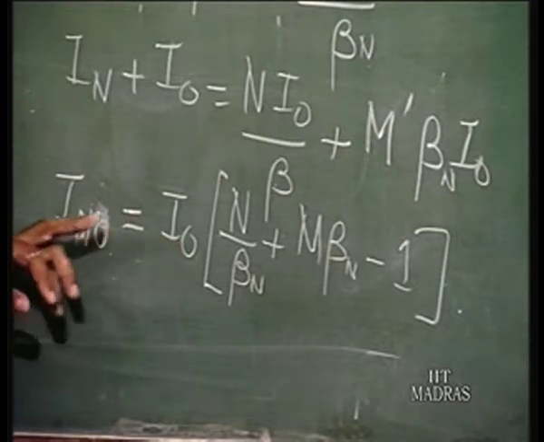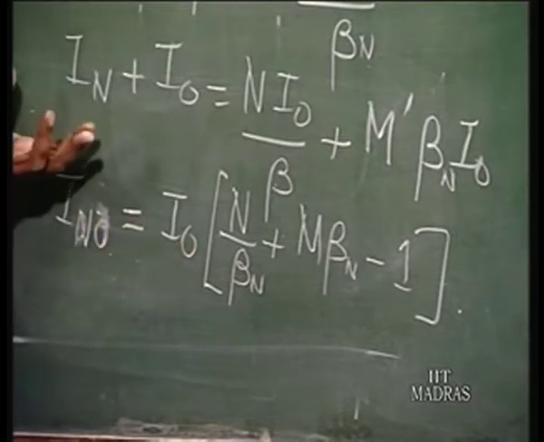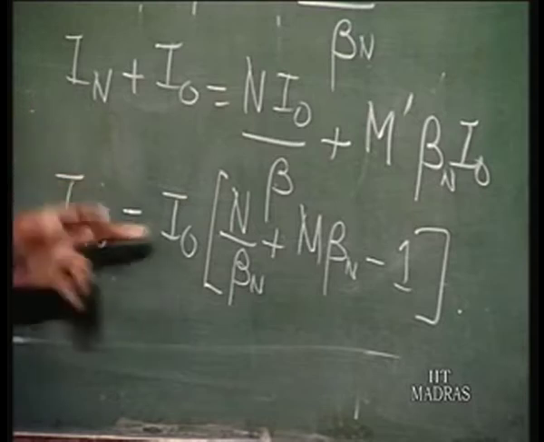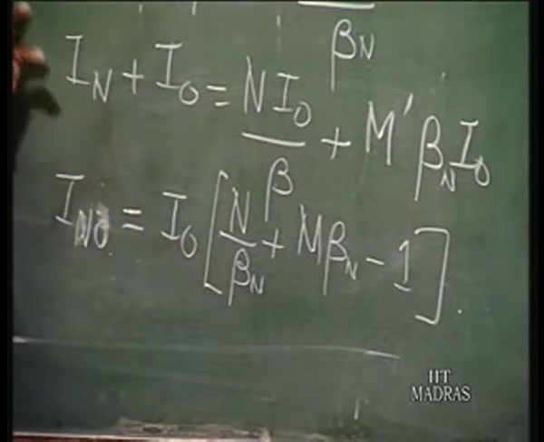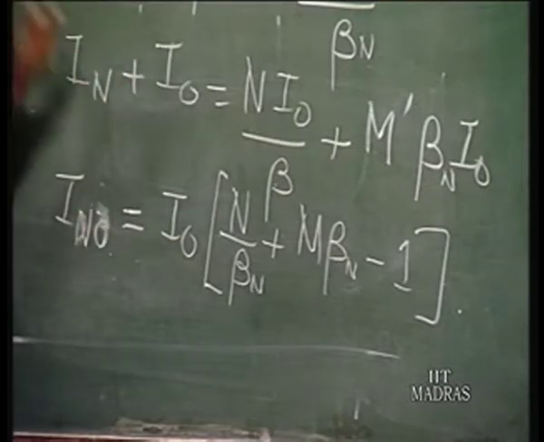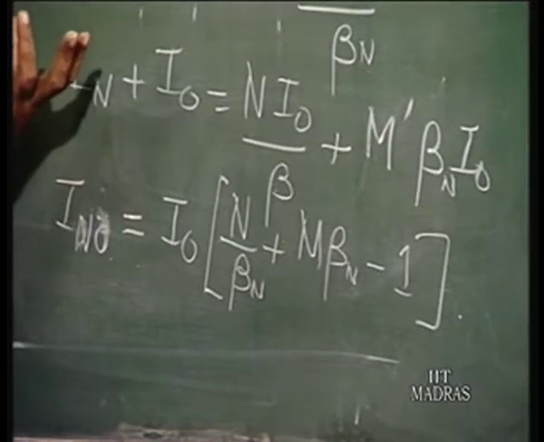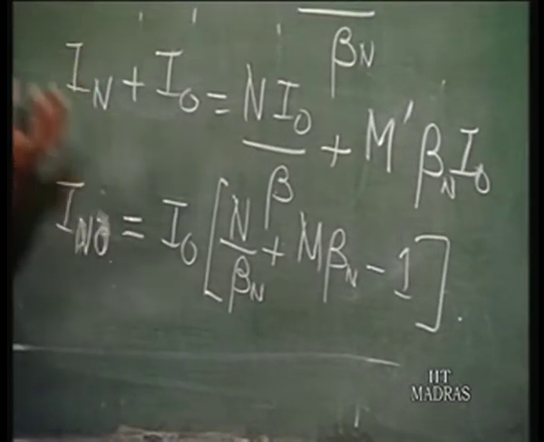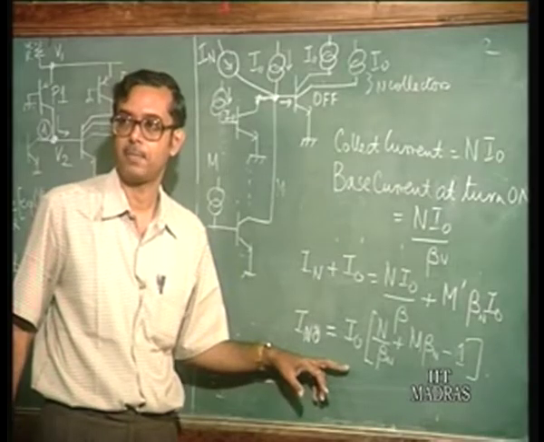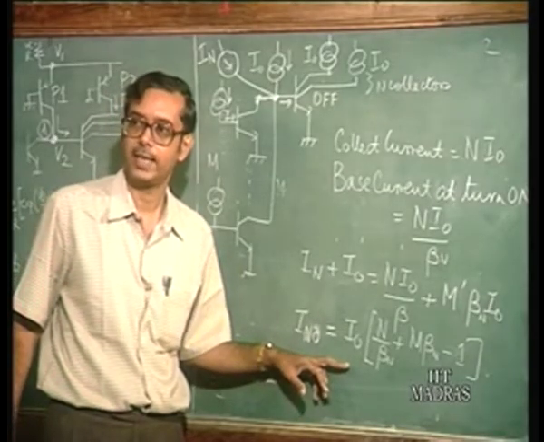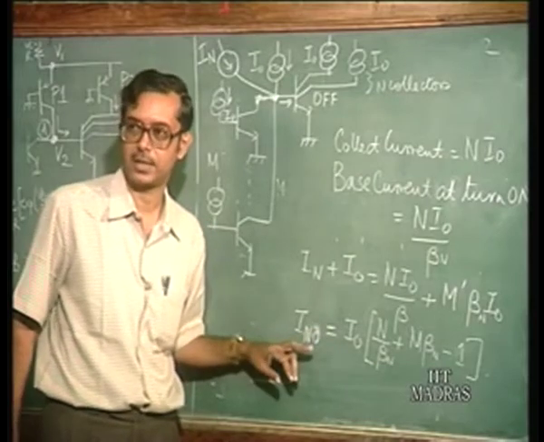That is, if you want to increase the noise margin, you have to increase I naught. So, the circuit becomes more immune to noise if you increase I naught. To improve the noise margin, one has to have higher injector current. So, that is the message from this expression.